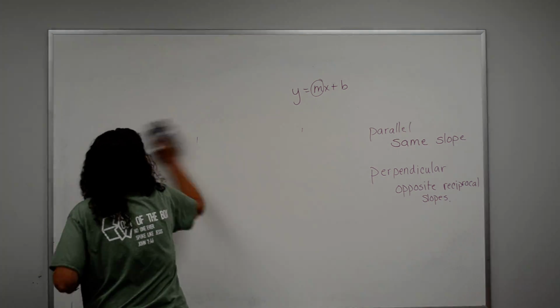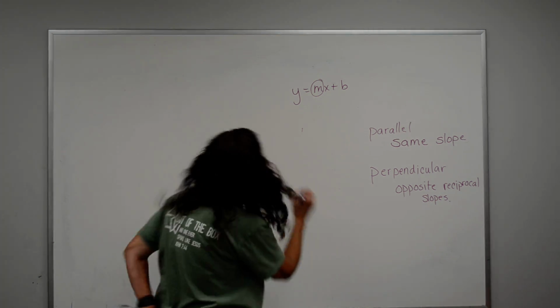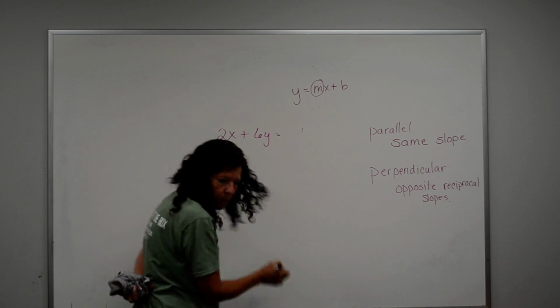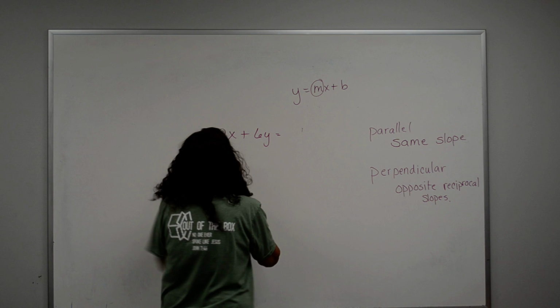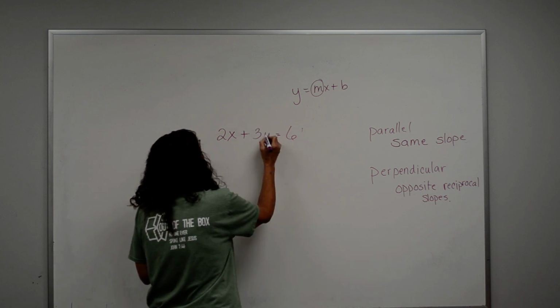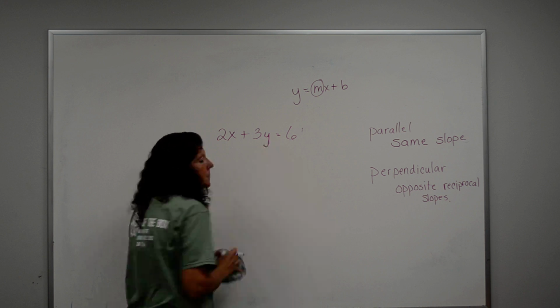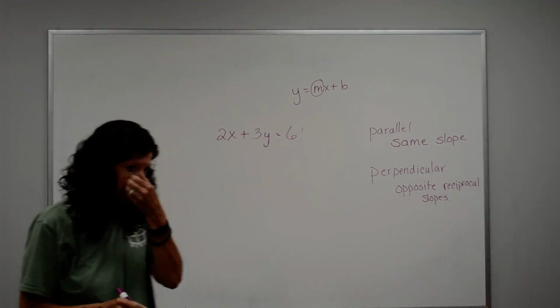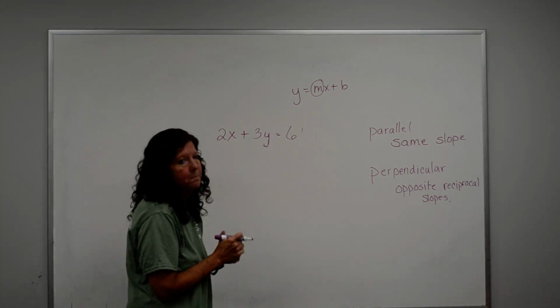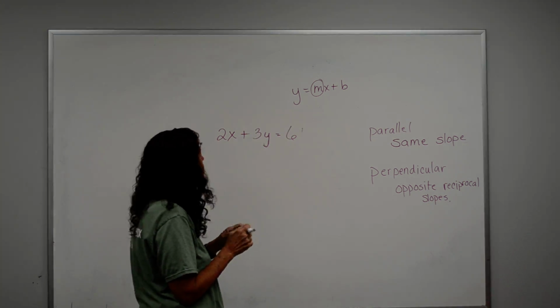So, let's say I've got 2x plus 3y equals 6. How do I put this in the right form, Sam? To put it in slope intercept form, so that I can find the slope.